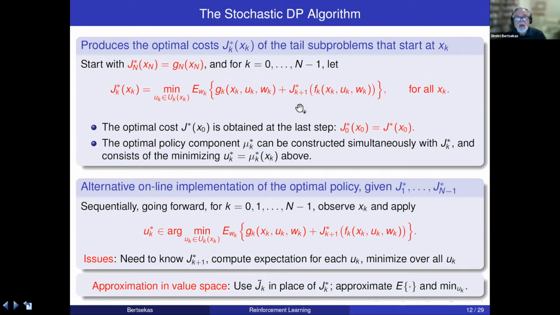So this is the exact dynamic programming algorithm for stochastic problems. It involves a lot of computation in this offline training portion. And in approximation in value space, we try to reduce this computation by using approximation J tilde in place of J star.